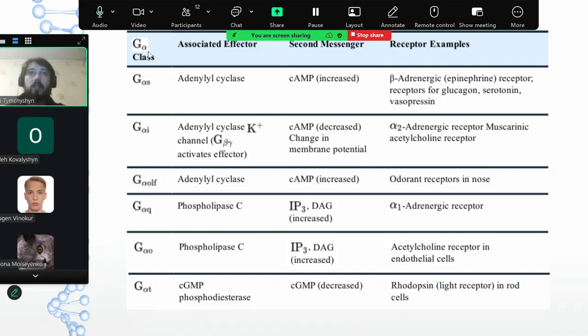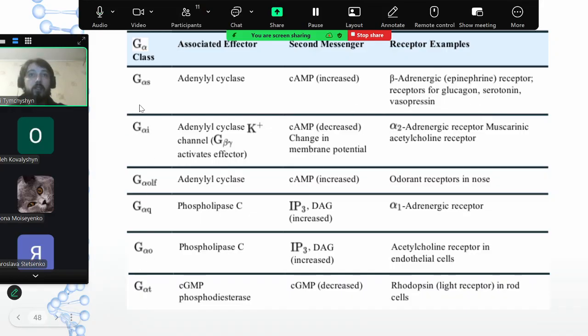Here are examples of classes of G alpha subunits and effectors that they are associated with. So what do they basically activate? Here you see adenylate cyclase. This is an enzyme that creates cAMP, cyclic AMP. I guess I have the formula a little bit later in our slides. And here are examples of different receptors: beta adrenergic receptor, or receptors for glucagon or serotonin or vasopressin, whatever.